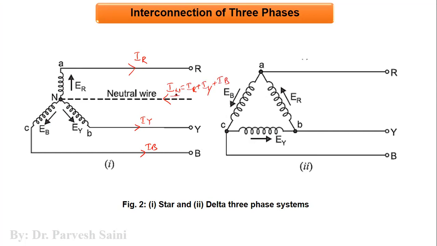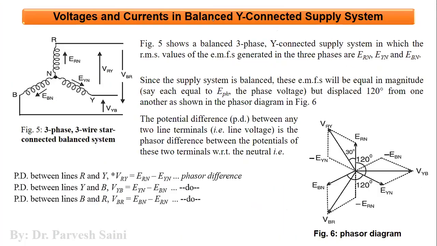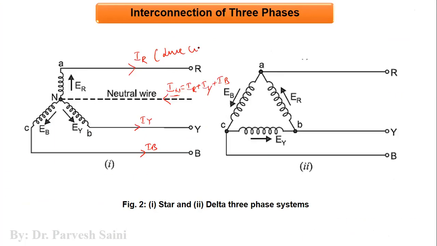That is why we say the neutral wire provides the returning path to the current. The current that flows in the line is the line current. This is the line current, this is also the line current, and this is also the line current.